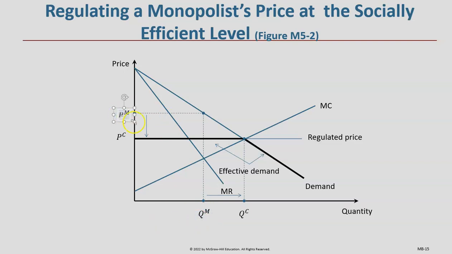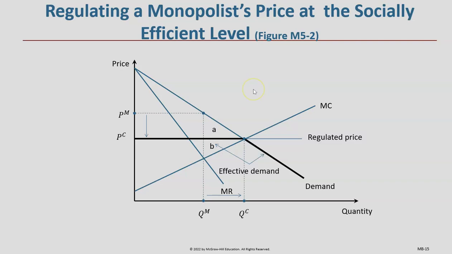And the deadweight loss would be triangles A and triangle B. Okay, so we want to avoid that deadweight loss.